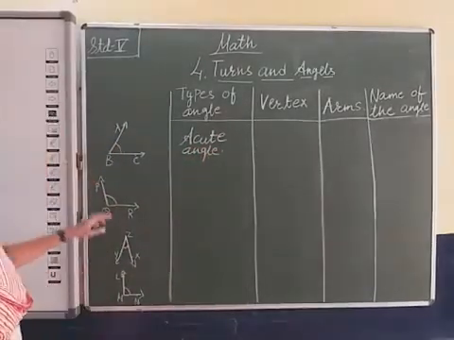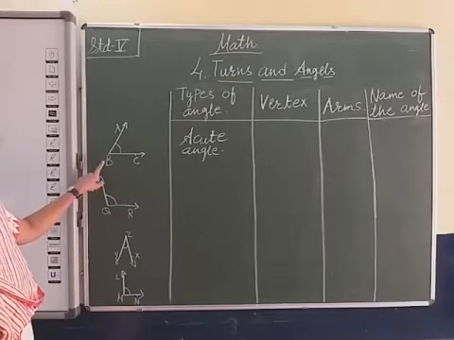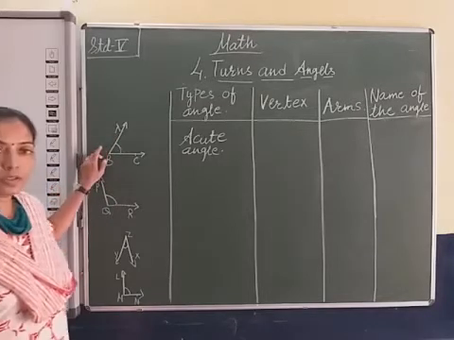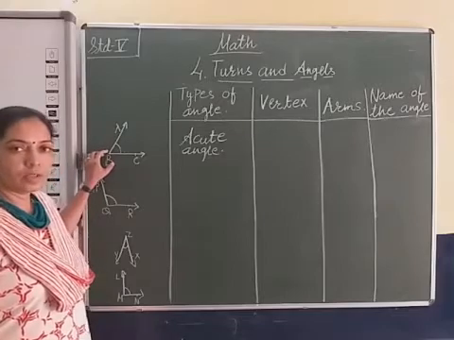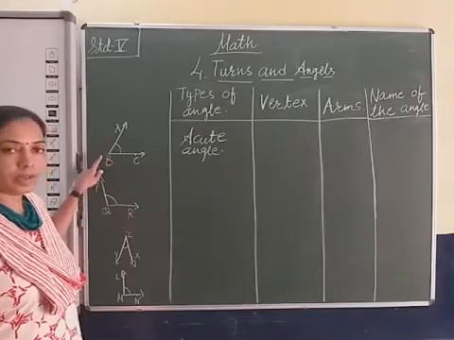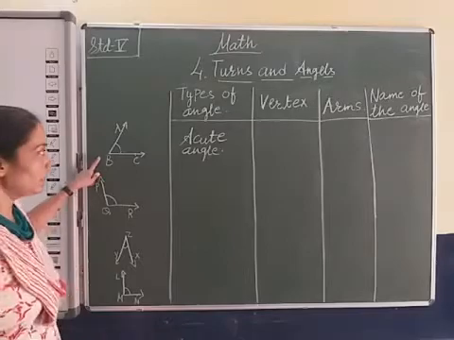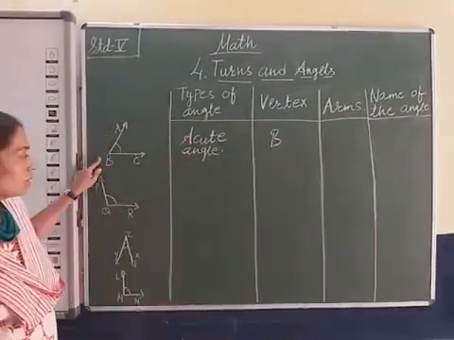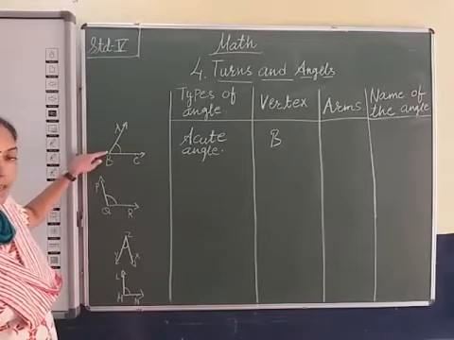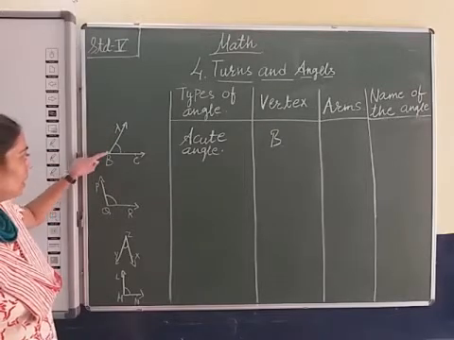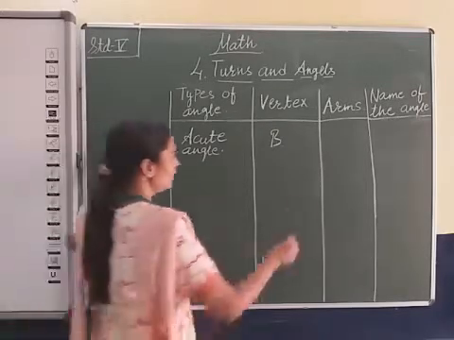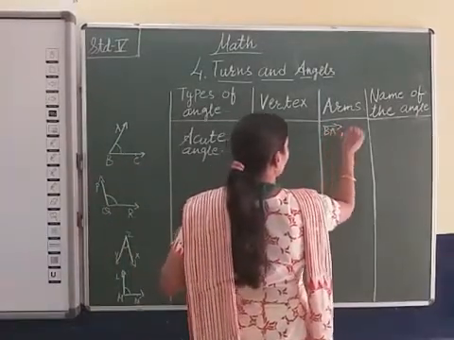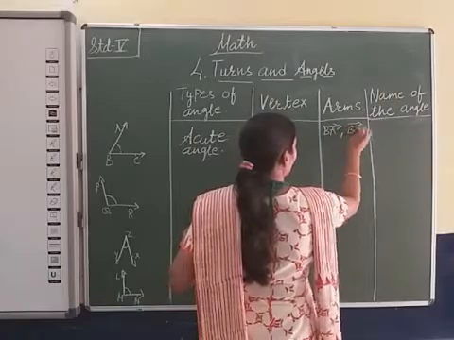And the vertex, it gives a name B. Yes, the point where two rays meet is the vertex. That vertex point gives the name B. Now arms, here two arms are arms BA, BC. We write here this name BA, BC.